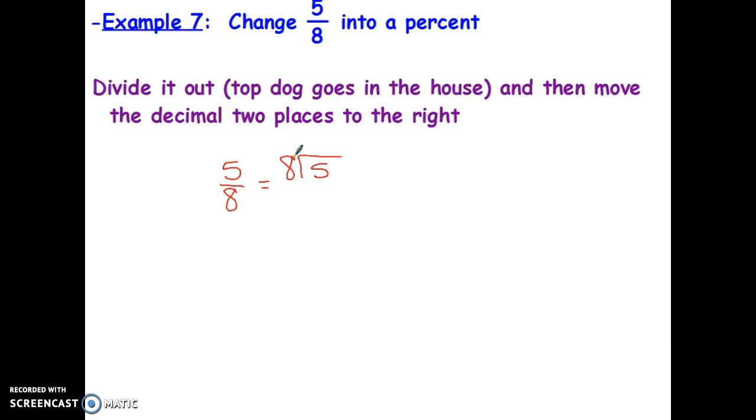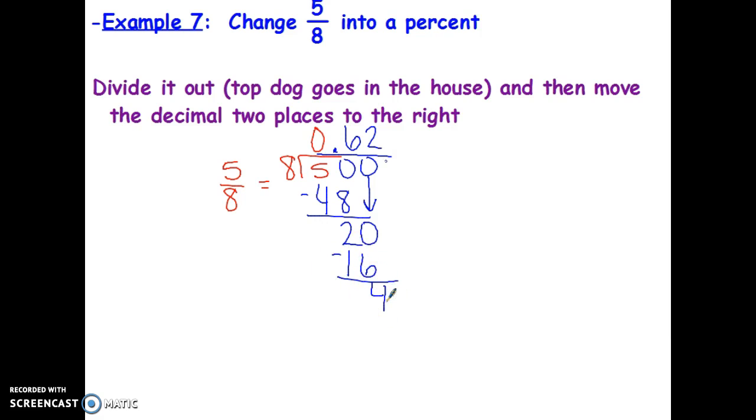Well, 8 can go into 5 0 times, so again I have to put my decimal and a 0. Extend our bar. 8 can go into 50 6 times. 6 times 8 is 48. Subtracting gives 2, and again we have to add a 0 and keep solving. 8 can go into 20 2 times. 2 times 8 is 16.